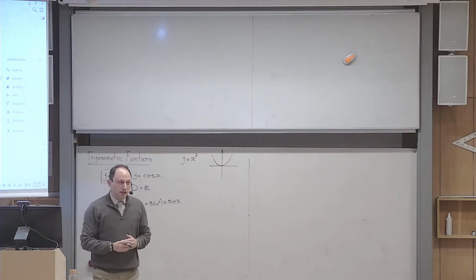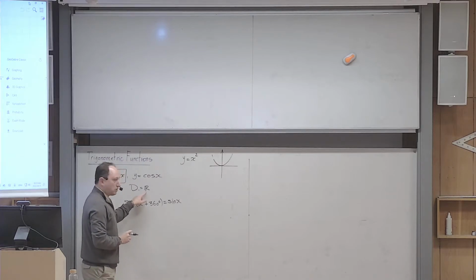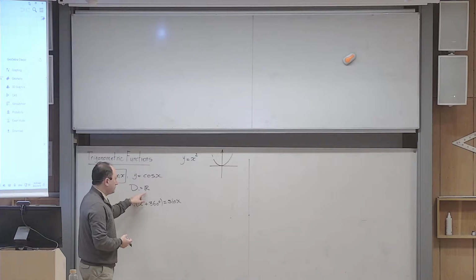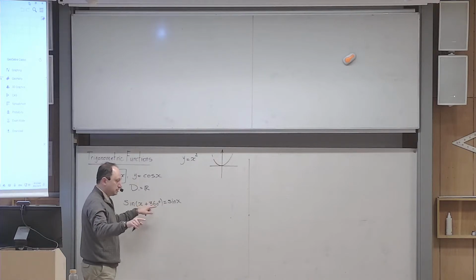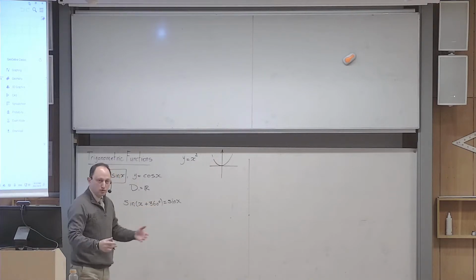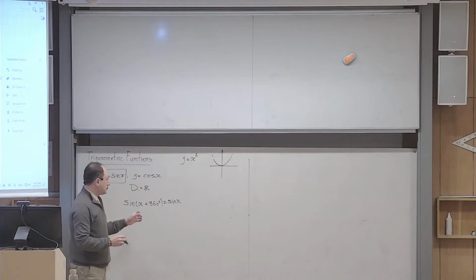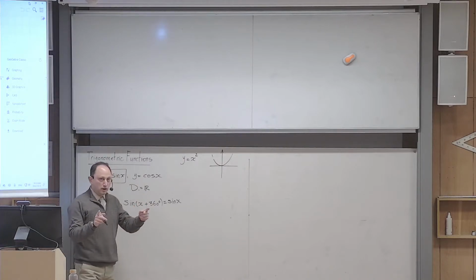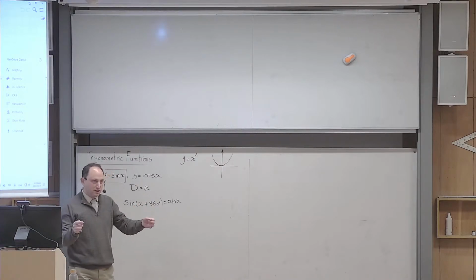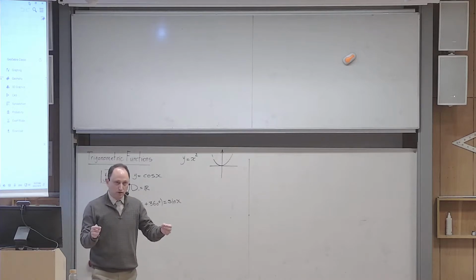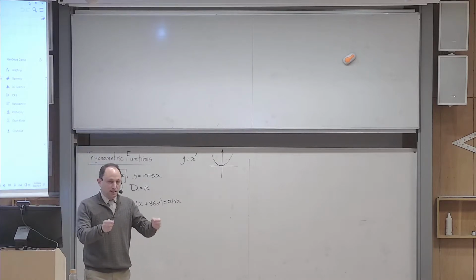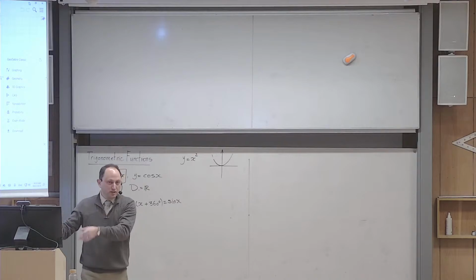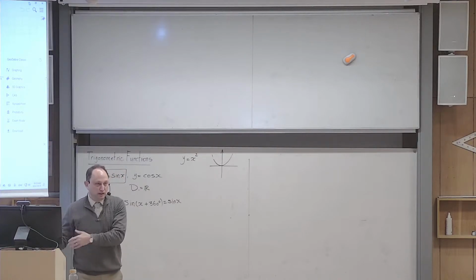So this means that even though the domain is R, and in principle I should draw the graph of the function on the whole real line, I don't need to do that. I just need to concentrate on one interval whose length is 360 degrees and draw the graph there, and then take that part and copy and paste it over and over again from left and right.